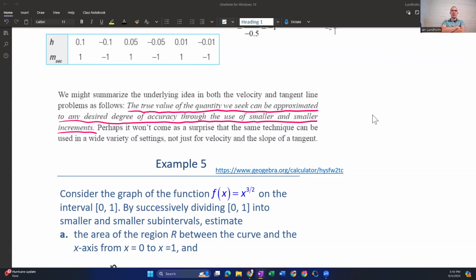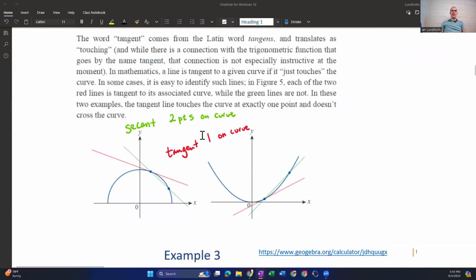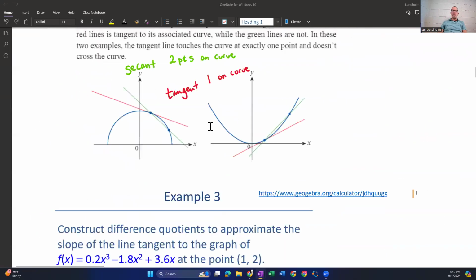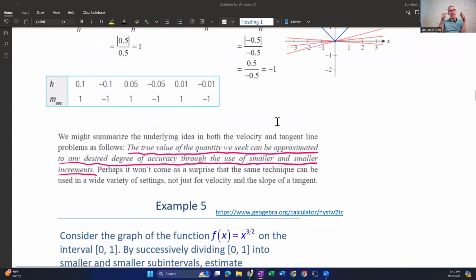This is calculus. We're trying to get at something that we can't quite touch, because if we do let the two points touch, we can't calculate a slope anymore. We get something that looks like 0 over 0. But we can attain a better and better approximation as long as we are willing to use smaller and smaller increments to increase our accuracy.